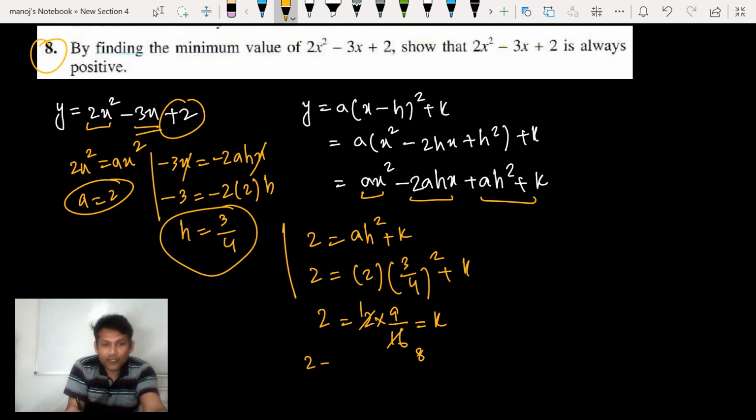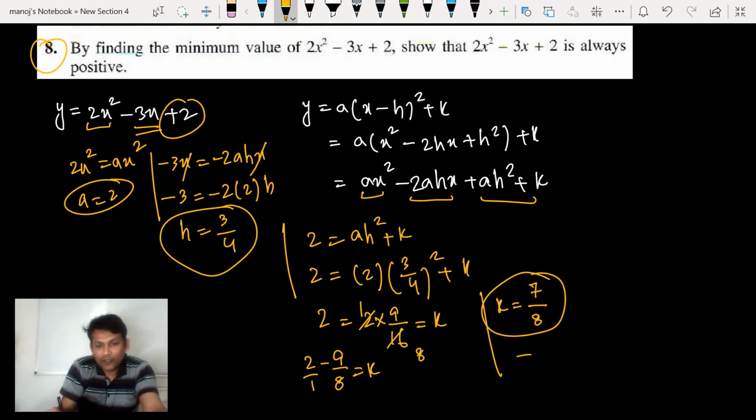So 2 minus 9 upon 8 is equal to k. So k is equal to, you can use 8, 16 minus 9 is 7, 7 upon 8, and that's your result.